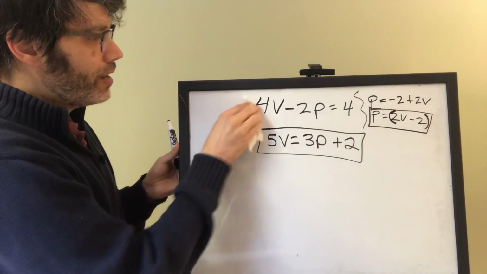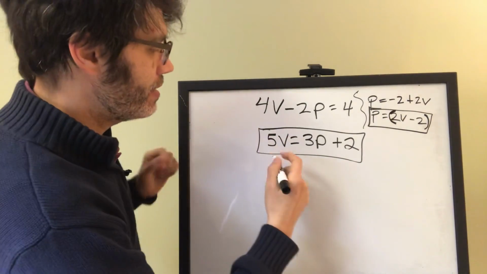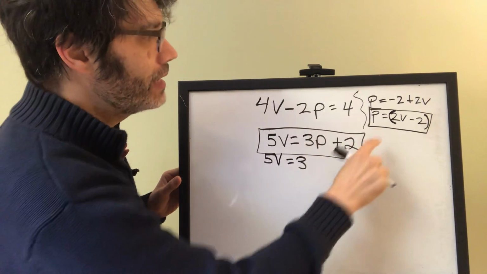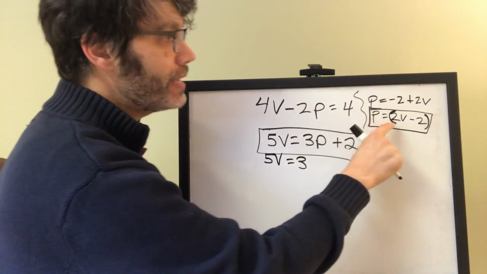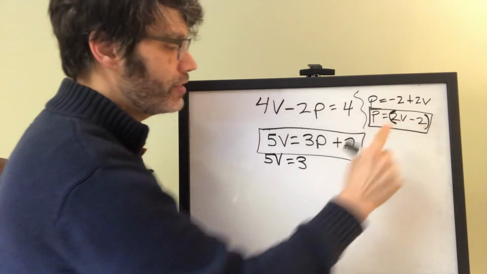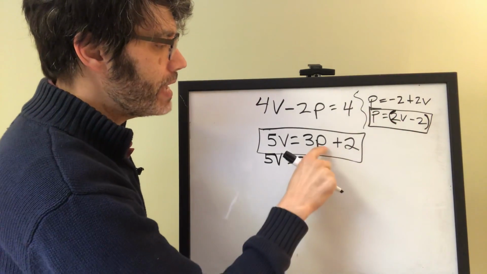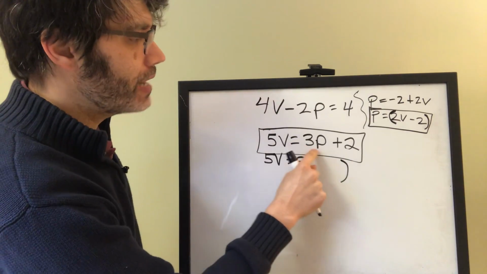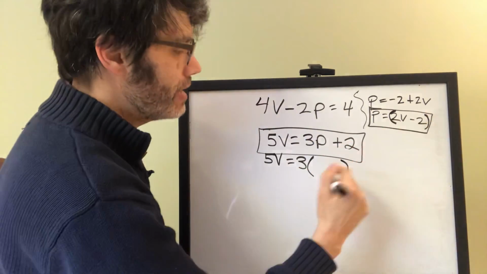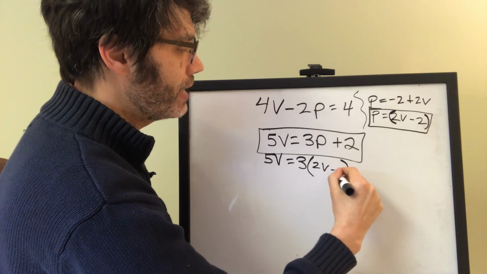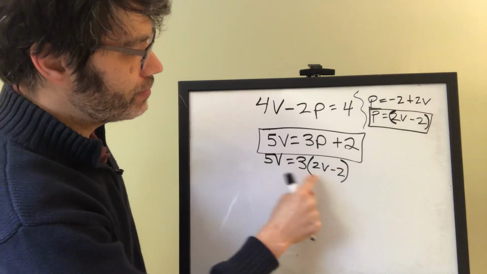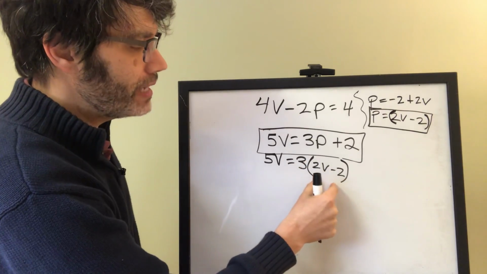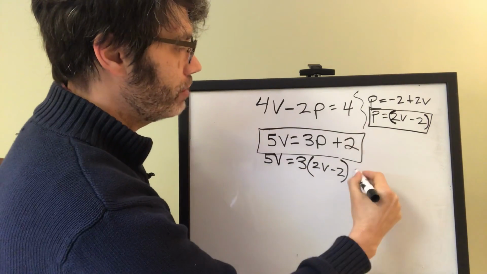So now we have 5v equals 3 times p. But remember, p is equal to the package 2v minus 2. So it's 3 times this package, which is now in place of p, and then plus 2.